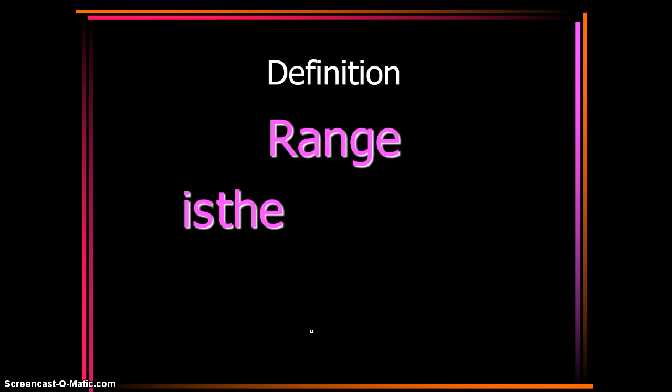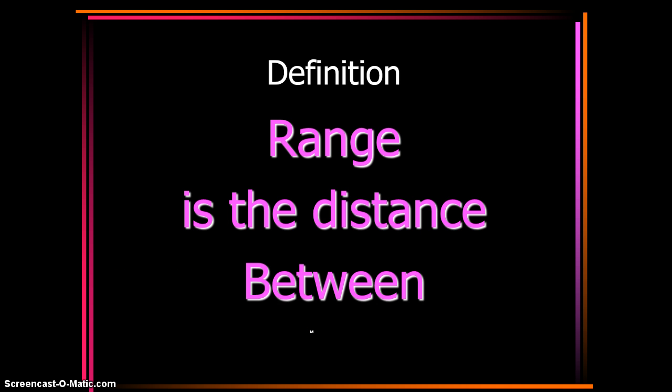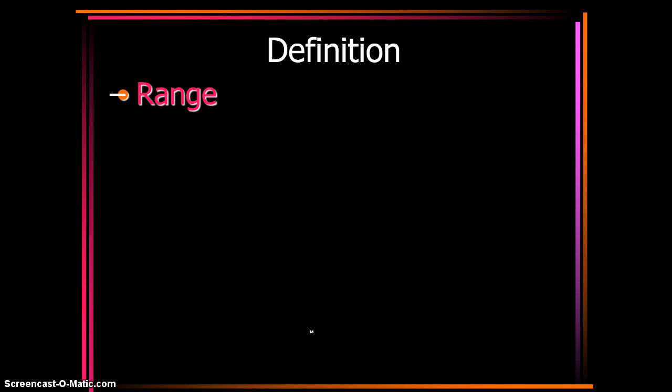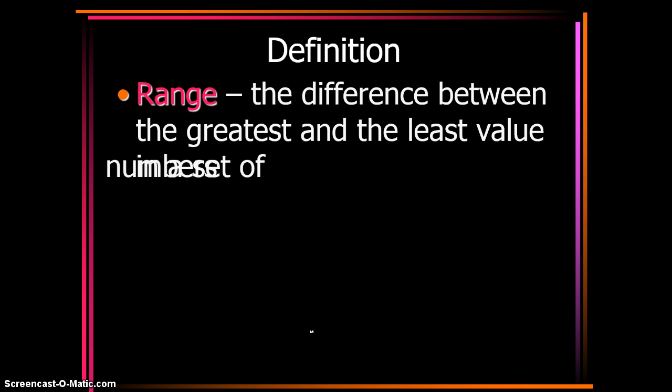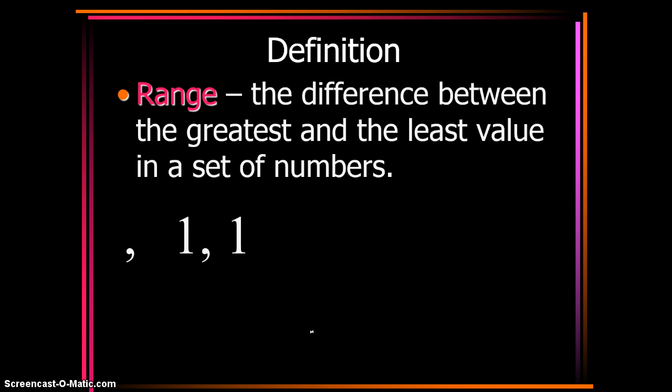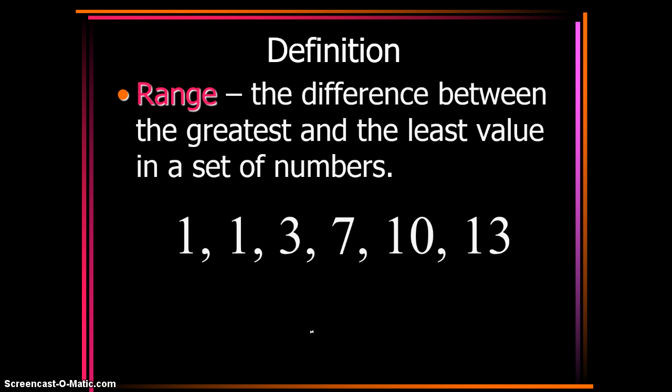Okay, and lastly, we're going to talk about the range. The range is the distance between the numbers. So to find the range, you're going to take the difference between the greatest value and the least value. So if I had a list of 7 numbers, the range of numbers is the measure between the smallest value and the largest value.